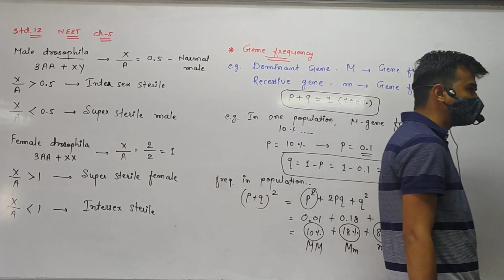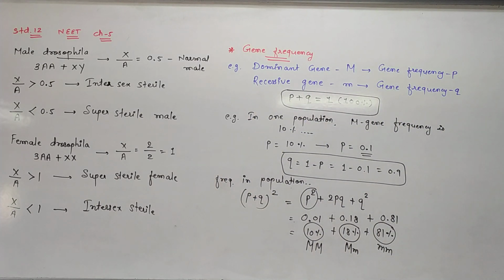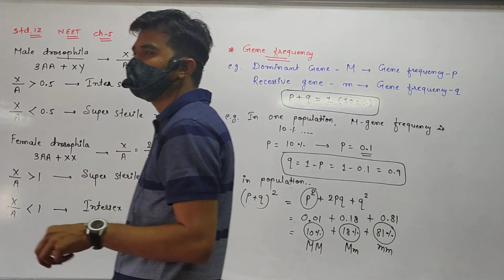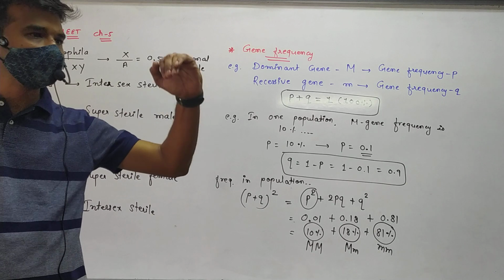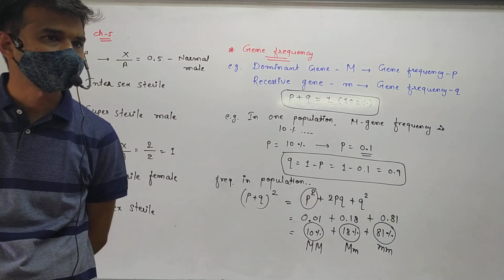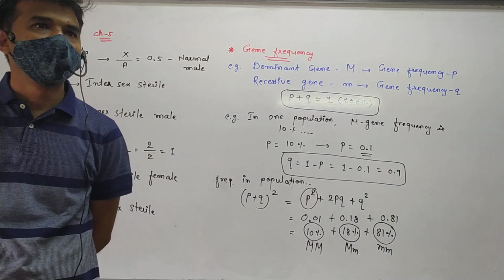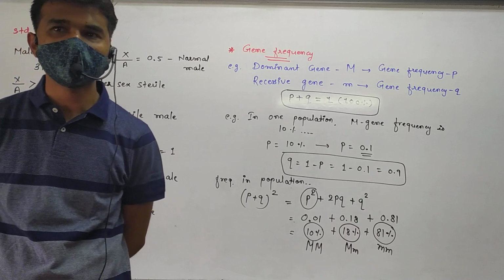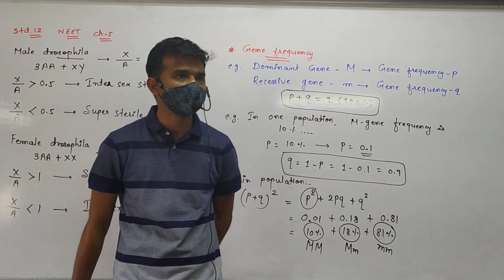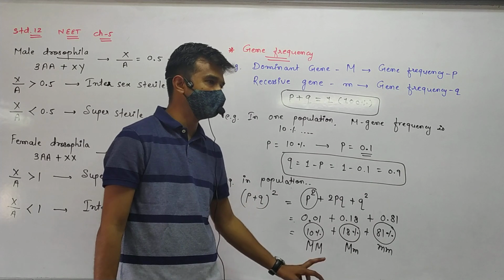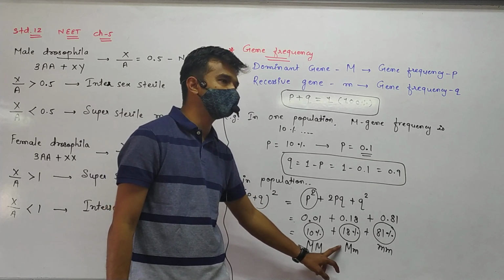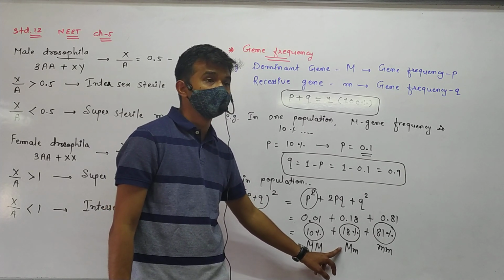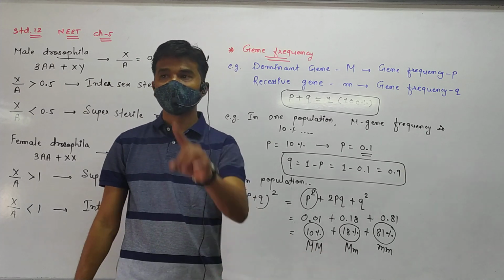So now the question will be asked like this: if in a given population for gene capital M the frequency is 10 percentage, what is the frequency in the population in the heterozygous condition? 18 percentage. Okay? Fine.